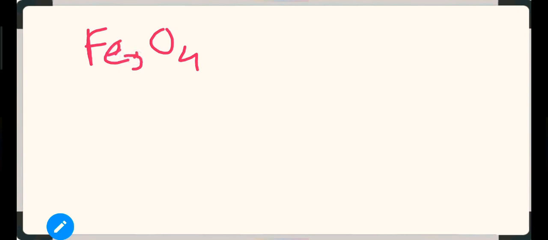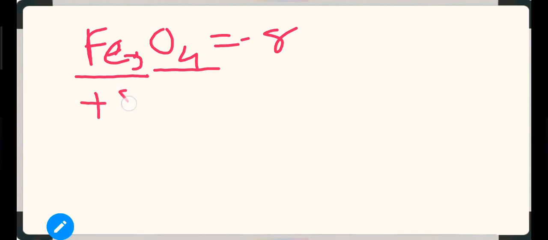Now Fe3O4, that means we have a total of 4 oxygens which will give us -8, and we have 3 Fe which gives +8 oxidation state. That means per 1 Fe you will have an 8/3 oxidation state. So these types of fractional values are actually not allowed in oxidation state. So what is going on here?